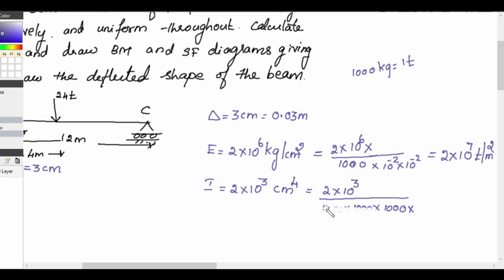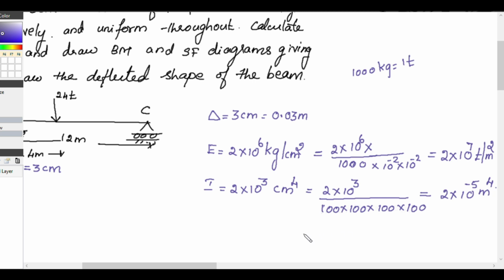I'm sorry, it is not 1000, it is 100. So 100 into 100 into 100 into 100. So we get 2 into 10 raised to minus 5 meter power 4.